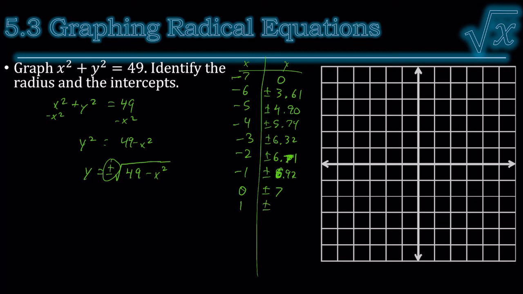And I think we'll notice that it becomes symmetrical, because that's what we would expect with a circle. And so on. We can use our symmetry from there. Now my little graph only goes out to 6, so I'm going to put my 7 there.